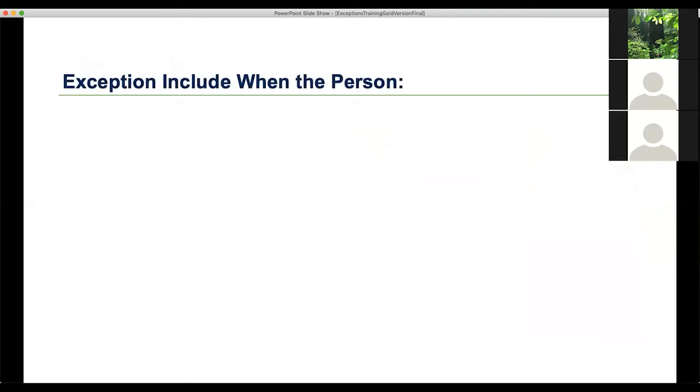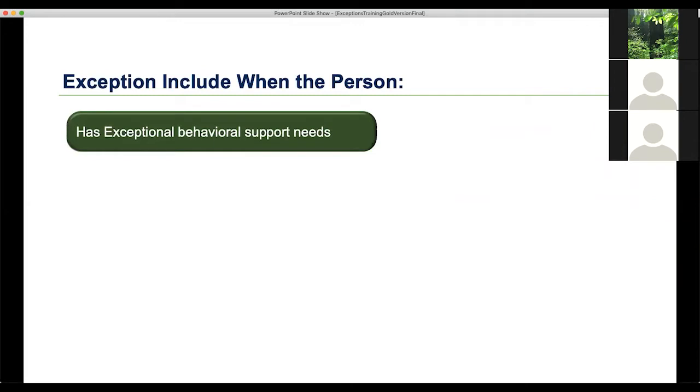So exceptions typically include four main components. Maybe somebody has exceptional behavior support needs. So there's an acuity and intensity of some support related to a behavior challenge that really requires some super intensive staffing or some level of extra professional support.